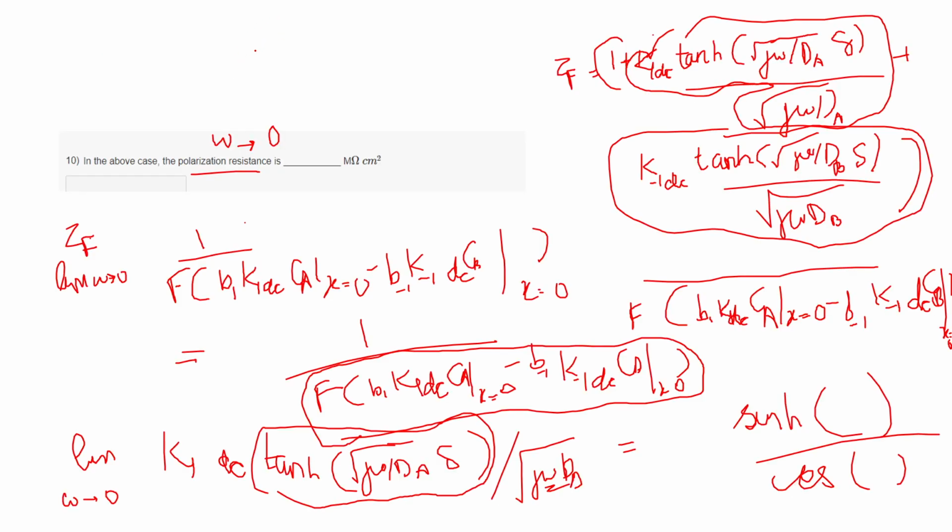So you'll get something like k1 dc, limit omega tends to 0. You have a del term. Sorry, I'm just expanding it.